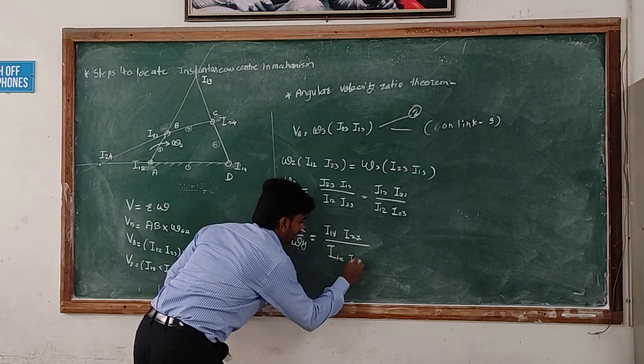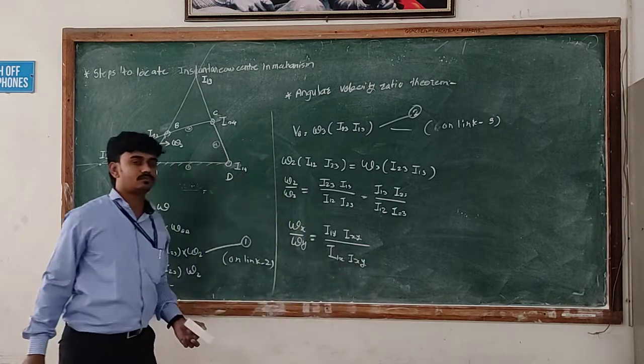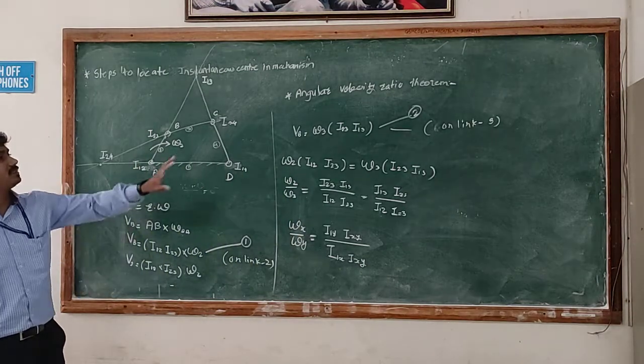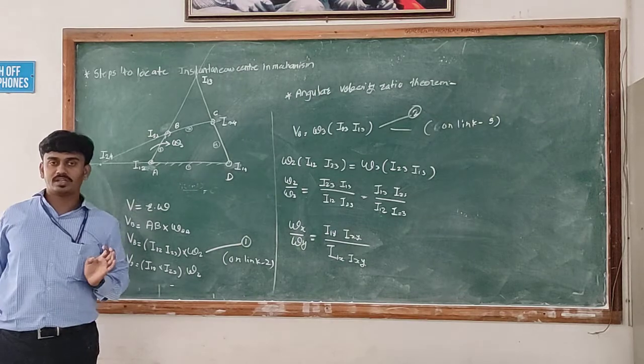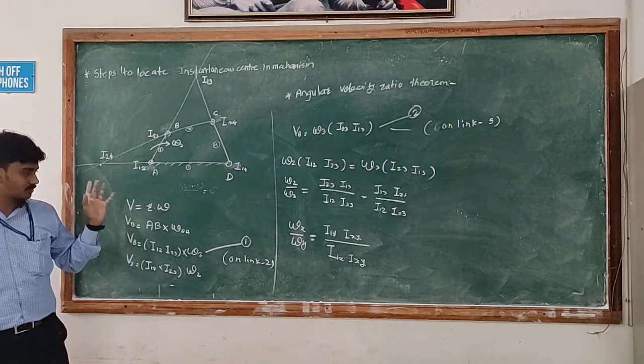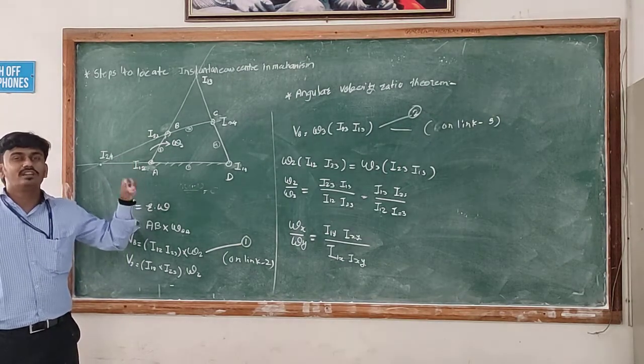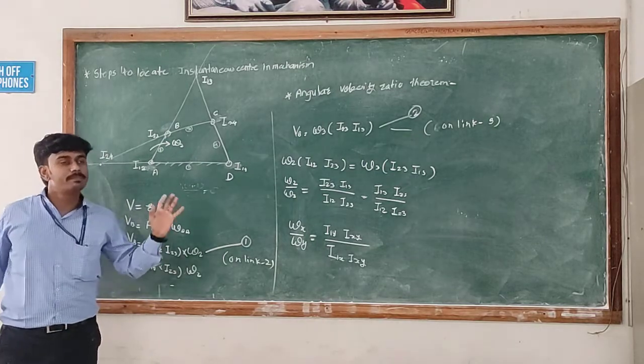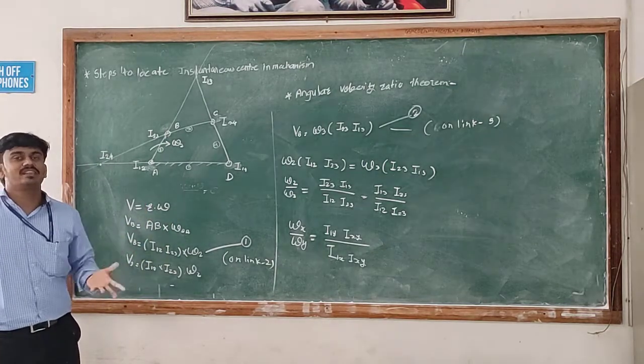So this is the angular velocity ratio. Now we will solve some numericals based on the ICR method in the next lecture.